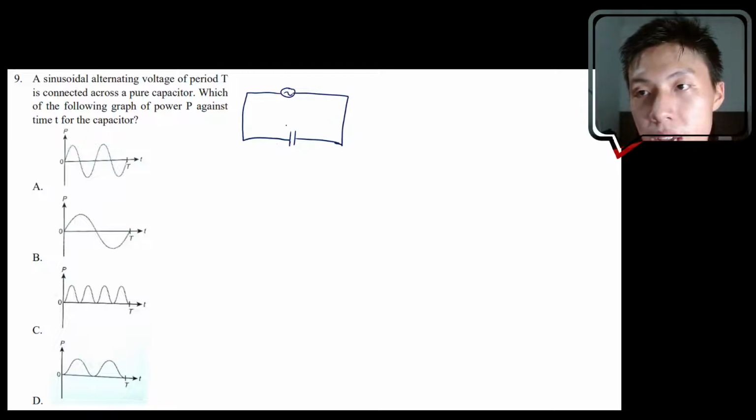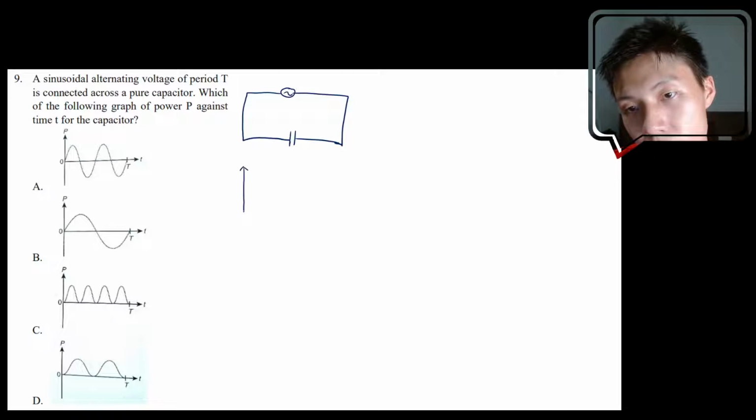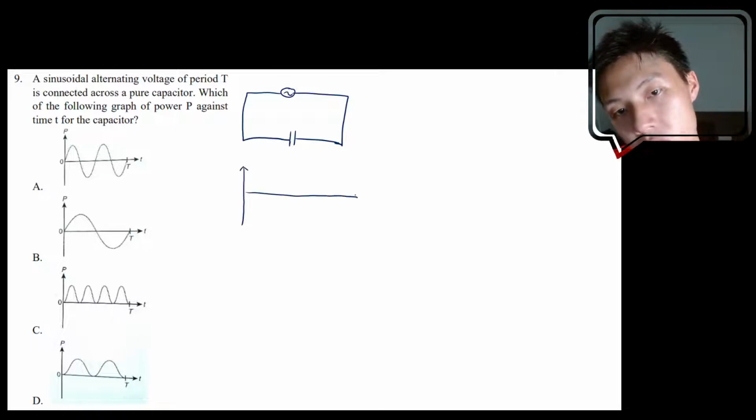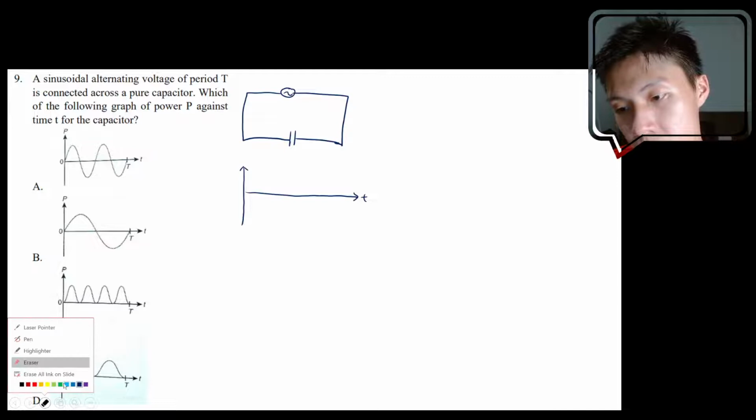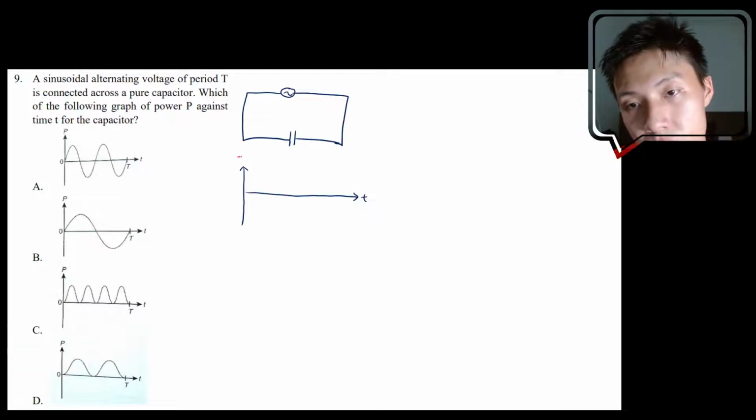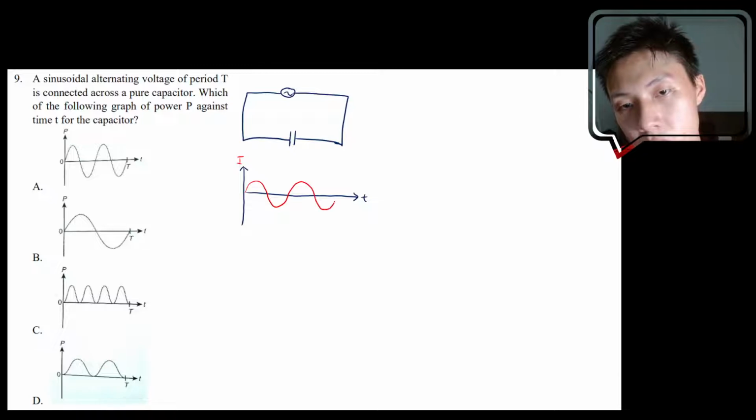So if you study the voltage and how it changes with time, probably not voltage first, let's start with current. Let's say the current changes with time in a sinusoidal fashion. This is the most common one. I is equal to I naught sine omega t.